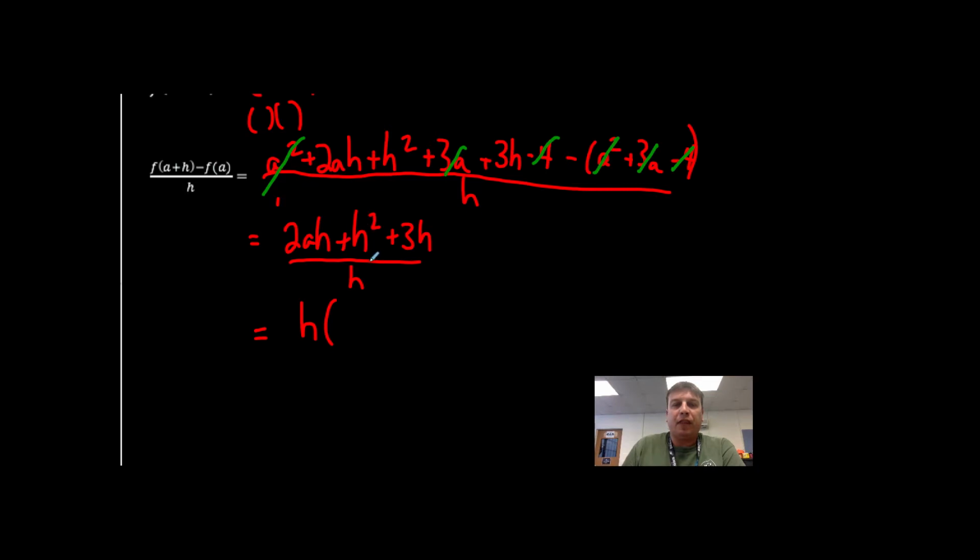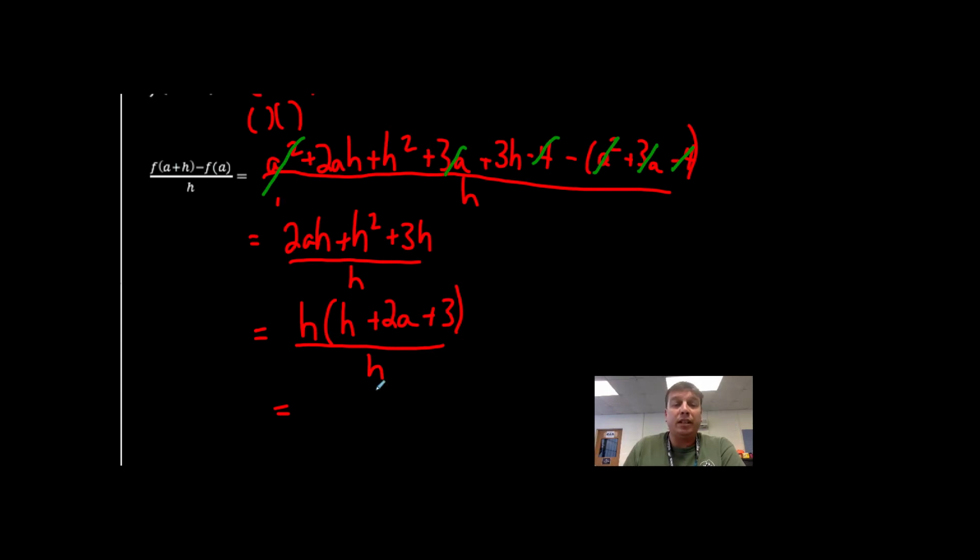If I factor out an h from here, I'm going to get an h. If I factor out an h from here, I'm going to get plus 2a. If I factor out an h from here, I get plus 3. All I did was change the order to make it look a little nicer. It didn't really do anything. All of which is divided by h.